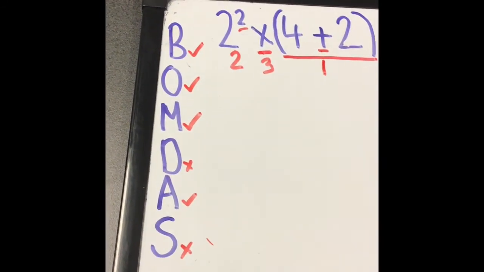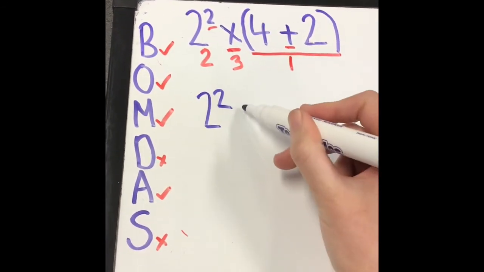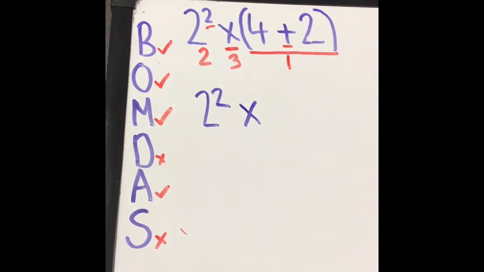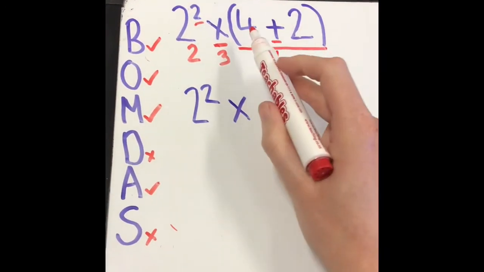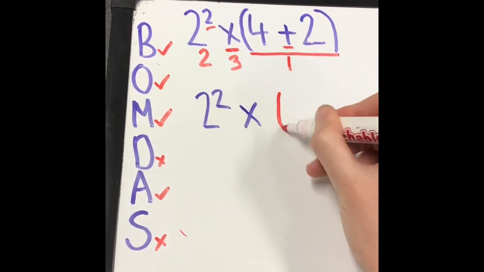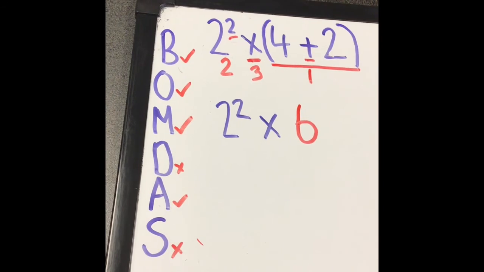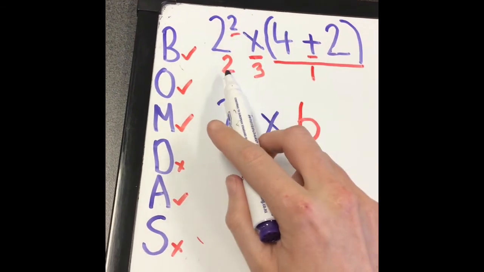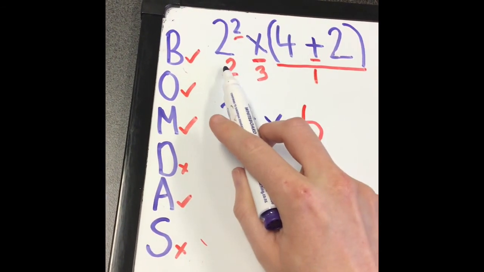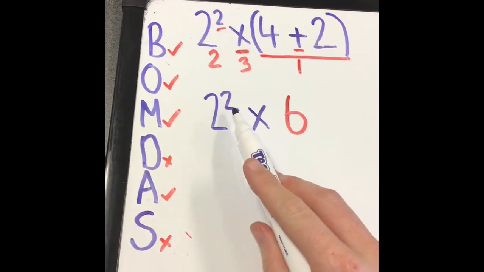So we have 2 to the power of 2 stays the same, multiply, and we do the brackets first. 4 plus 2. 4 plus 2 I know is 6. The next thing I do on my list here is the indices. So I need to do 2 to the power of 2.